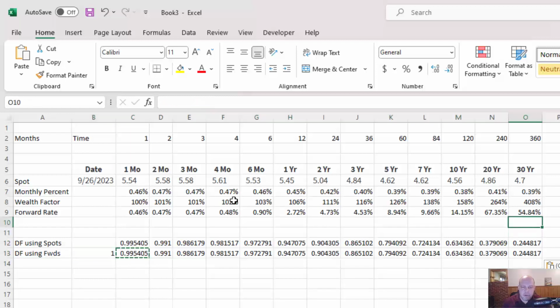The only problem with doing that is if there's a big jump in a spot rate across one of these terms, it can blow up the forward rate calculation. If this spot rate here was, let's say, 20, now you see you have a negative forward rate, which computers don't like.